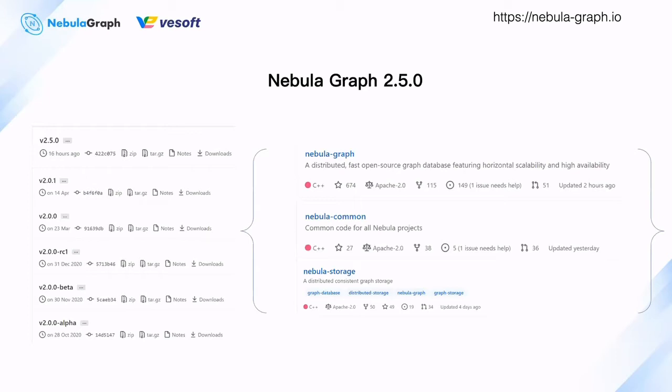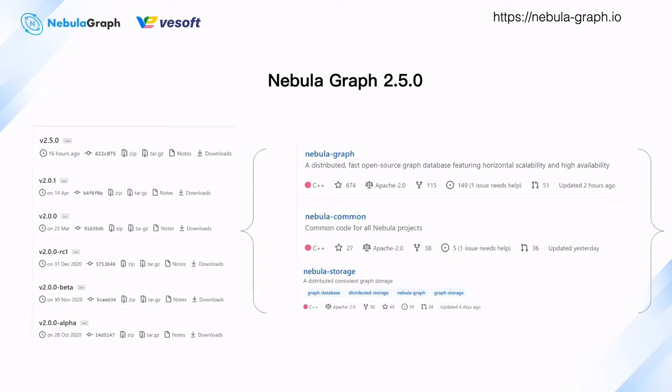You can check the release notes from the documentation website, and you will see the features, the enhanced features, and all the PR links will refer to the three repositories. They are the graph for the query engine, the storage for the storage engine, and the common part.